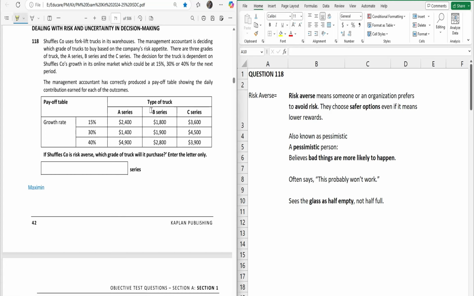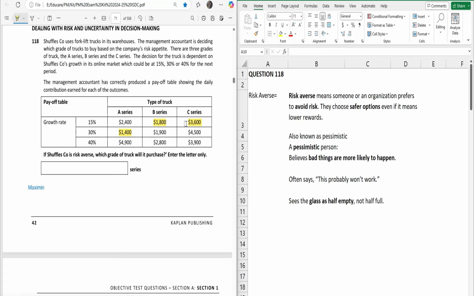Let me highlight. The minimum is 1400. If we go for B, what is the minimum value? It's 1800. If we go for C, what is the minimum value? It's 3600.